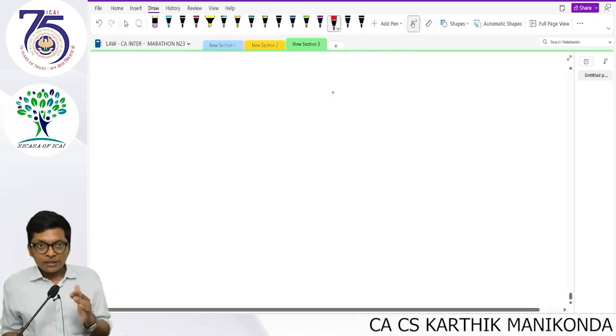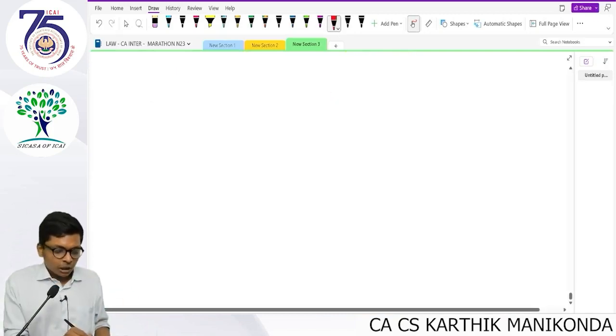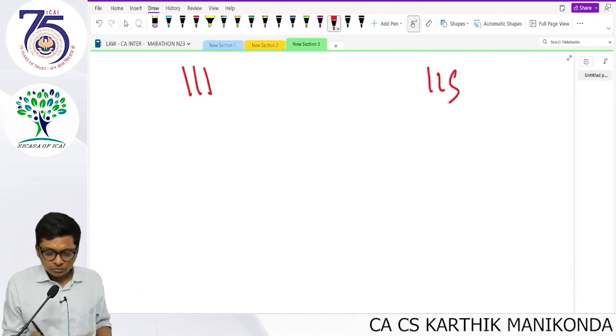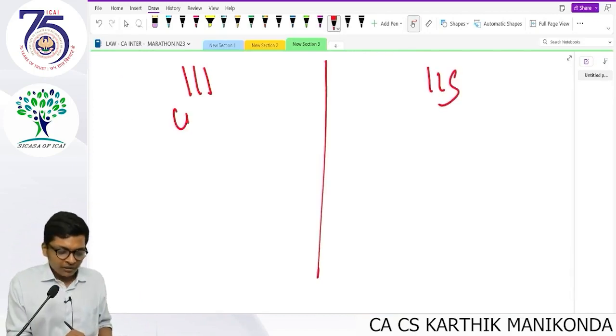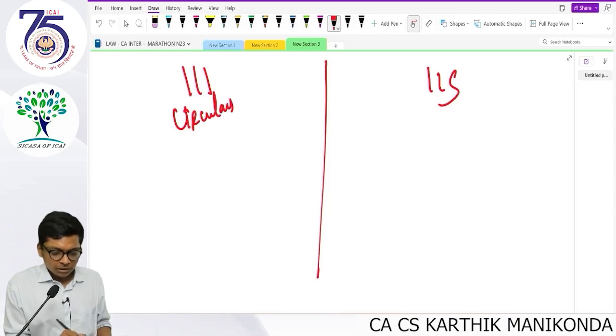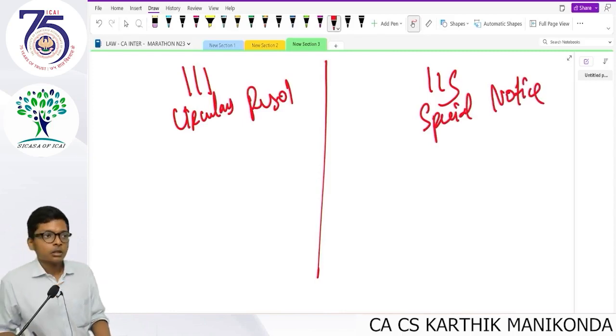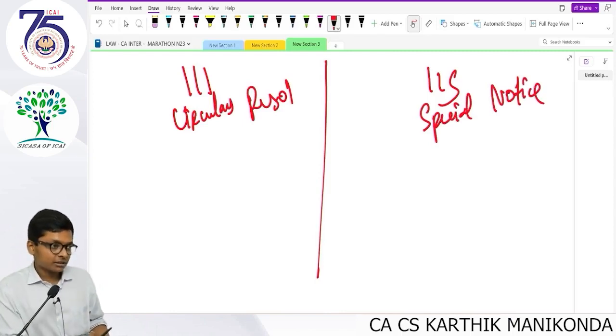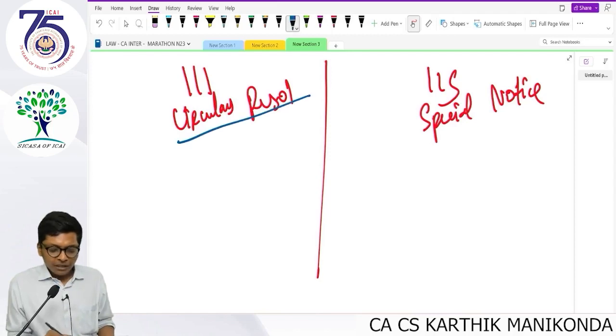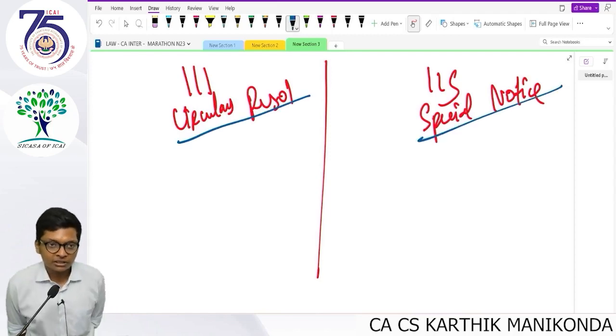Now 110 to 120, we finished many sections. Now I am going to do 111 and 115. 111 is circular resolution, 115 is special notice. Okay. What is circular resolution, special notice?